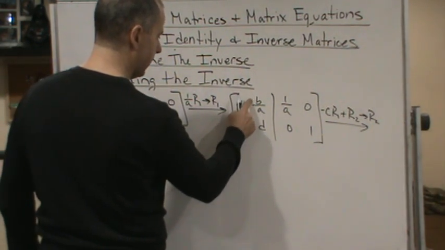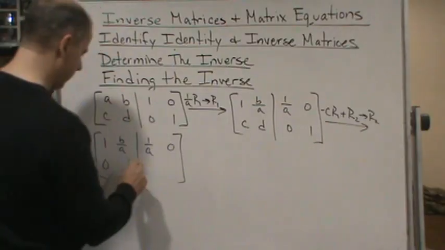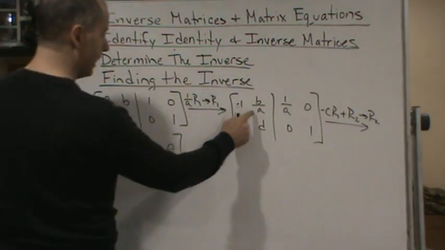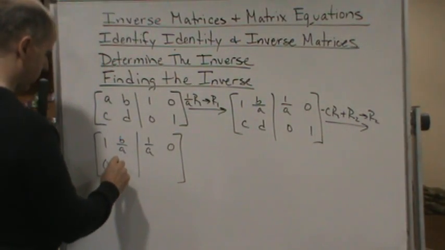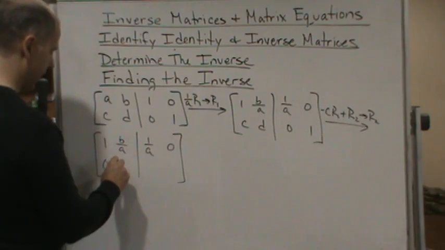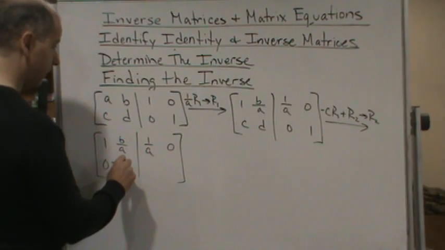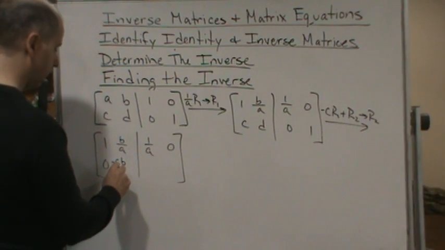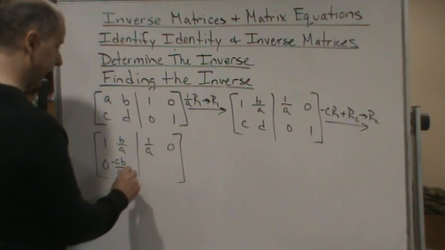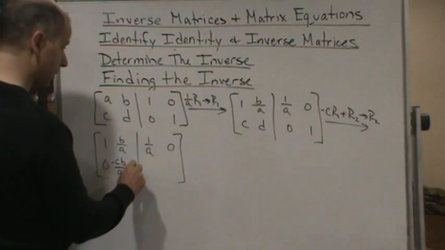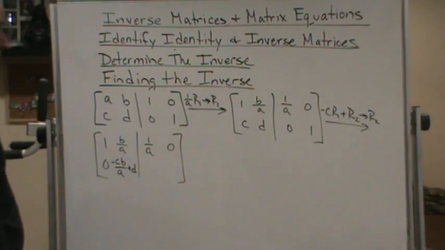Then we're going to do negative C times this plus D. So this is going to be negative C times B over A plus D, right?